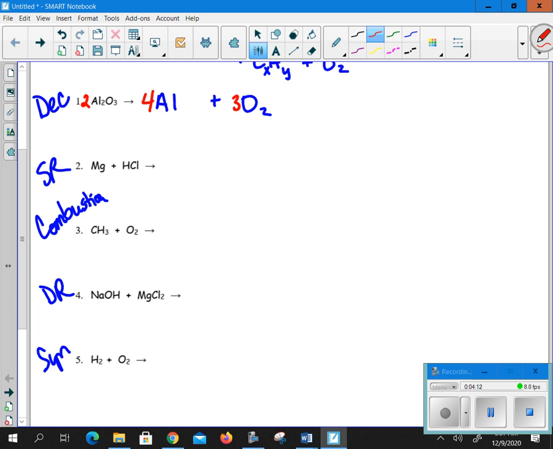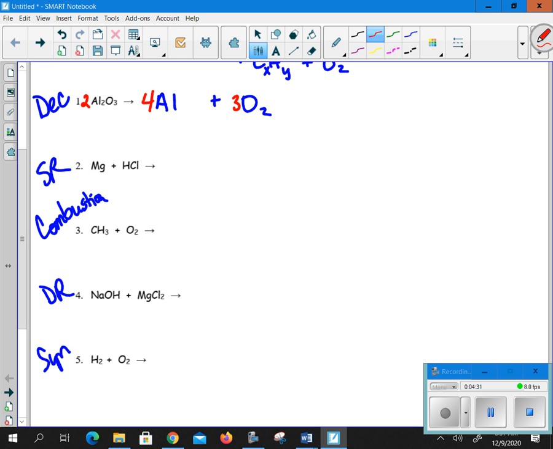Again, you can write any of these types of examples or anything on your note card. Now for a single replacement reaction, the first thing we always have to do is look at our activity series. We have to see, is our single element magnesium higher than the element it wants to replace?